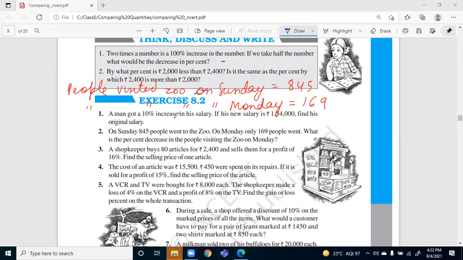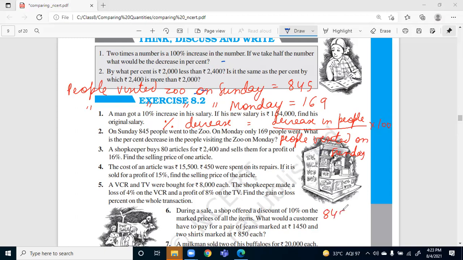Now you will write percentage decrease is equal to decrease in people upon people visited on Sunday into 100.